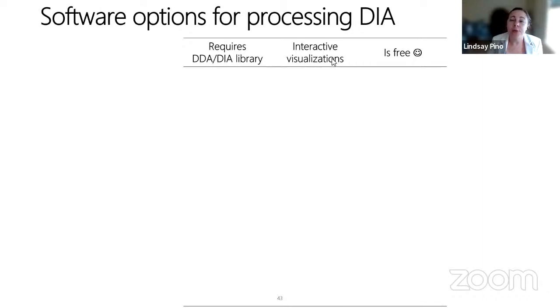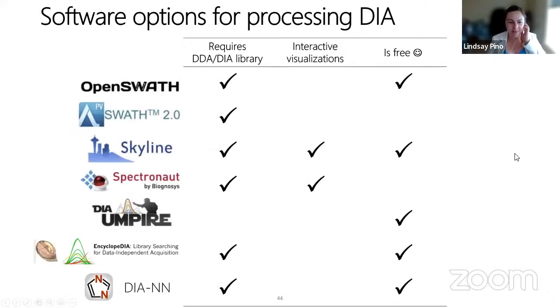Does the software let you look at your data? And is the software free? Maybe these are the top questions I get when people ask me. There are a lot more options than just the ones I'm listing here, but these are maybe some of the ones I see the most. So OpenSwath requires that you have a library, and it's free.